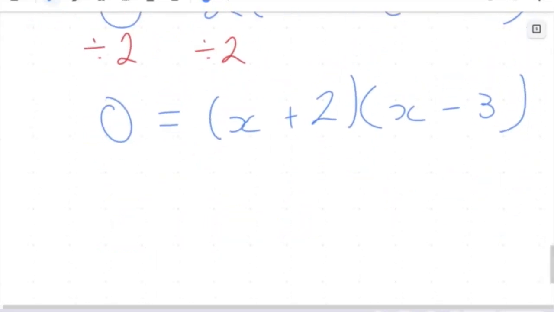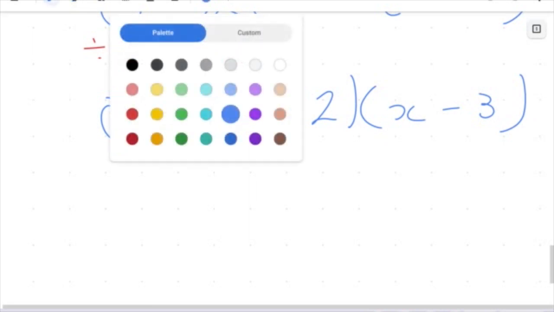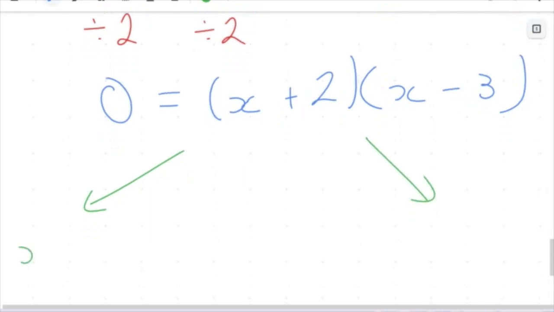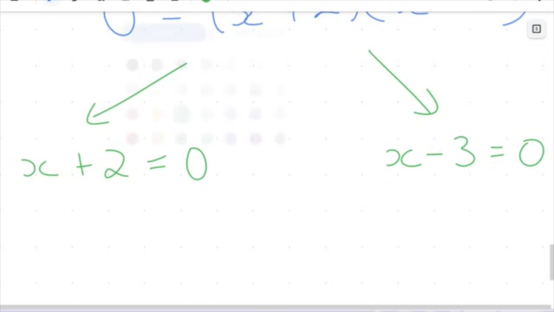So I want values for x that give me either this whole factor to equal 0 or this whole factor to equal 0. And I can find that by setting up 2 little sub-equations here. So I want a case where x plus 2 equals 0, and I want a case where x minus 3 equals 0. Now, because we've done a lot of this, I'm going to just rush ahead. So to solve this equation, I'm subtracting 2 from each side.